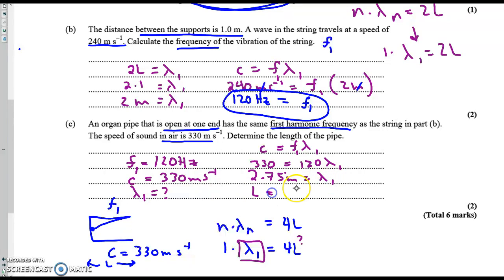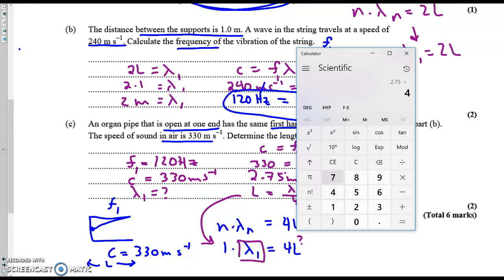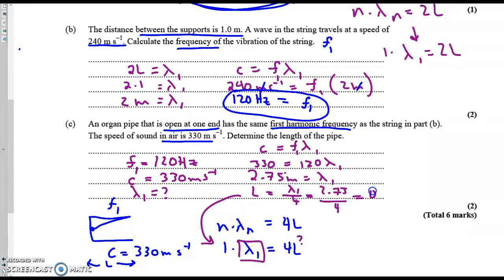And then we say L is lambda 1 over 4. I'm getting that from down here. So 2.75 over 4 gives me, we round for sig figs, only 2 sig figs, because you see 330 has 2, so 0.69. 0.69 meters.